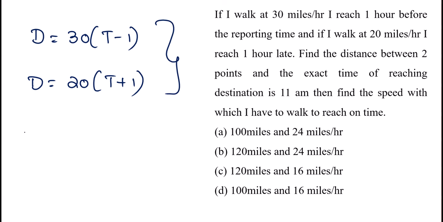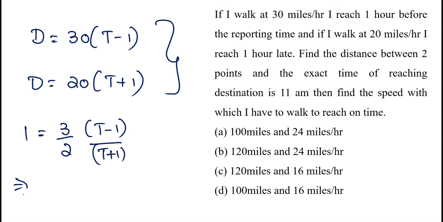When you divide these two, 1 equal to 3 by 2 times t minus 1 divided by t plus 1. Now clearly I can see that t plus 1 divided by t minus 1 must be equal to 3 by 2.